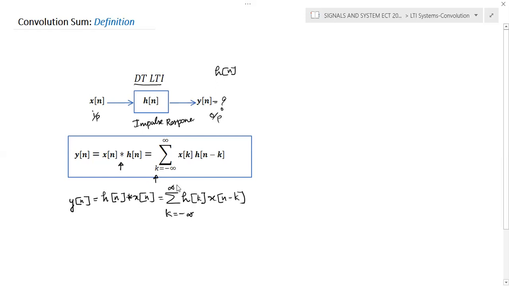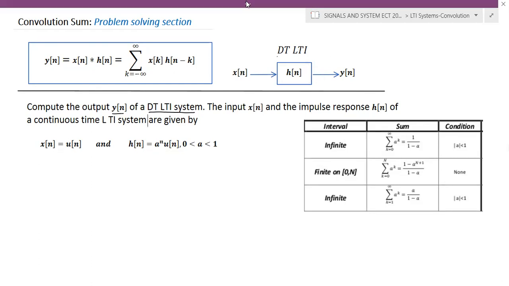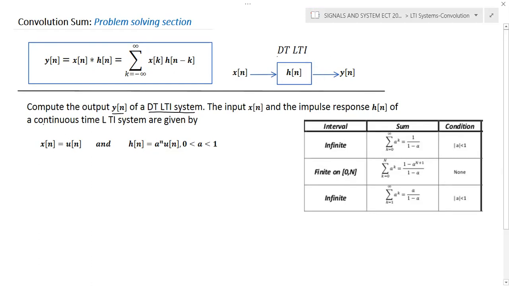Now we'll move to the problem. Here we need to compute the output y of n of a discrete time LTI system. It is given that the system is a discrete time LTI system, with input x of n and impulse response h of n. There is a small mistake, it's not continuous, actually it's a discrete time system.